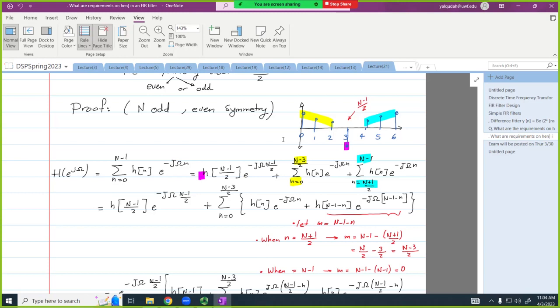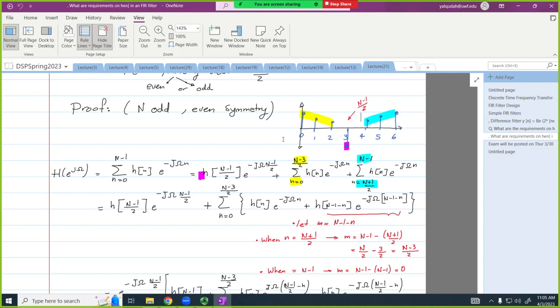So if you look at this filter, we're going to write H of e to the j omega, which is H of z with z equal e to the j omega. So it's going to equal the summation from n equals 0 to N minus 1, h of n e to the negative j omega n. And then we said we're going to divide this summation into 3 parts. This part, people online do not see. We're going to divide it into 3 parts, the one highlighted in yellow, the one in purple, and the one in blue.